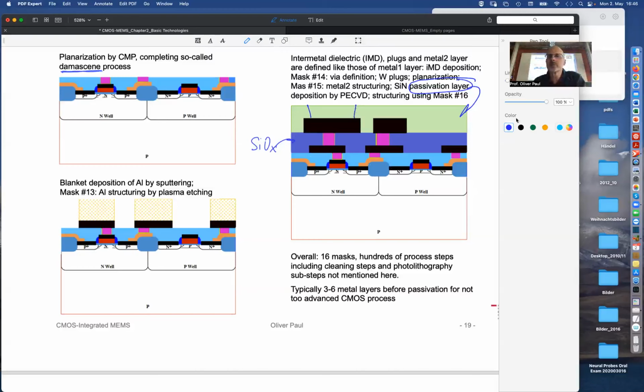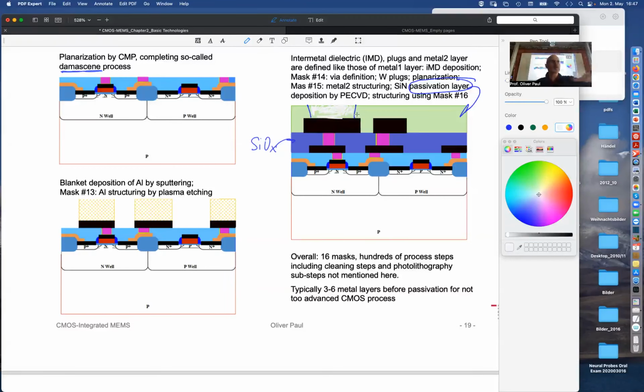So this needs to be removed, and maybe I can draw some white here. So this needs to be removed. And then some metallization patterns are open to access, and then you can do some wire bonding, or some flip chip bonding, or add some electrodeposited metal on top to do flip chip bonding or some other alloys.